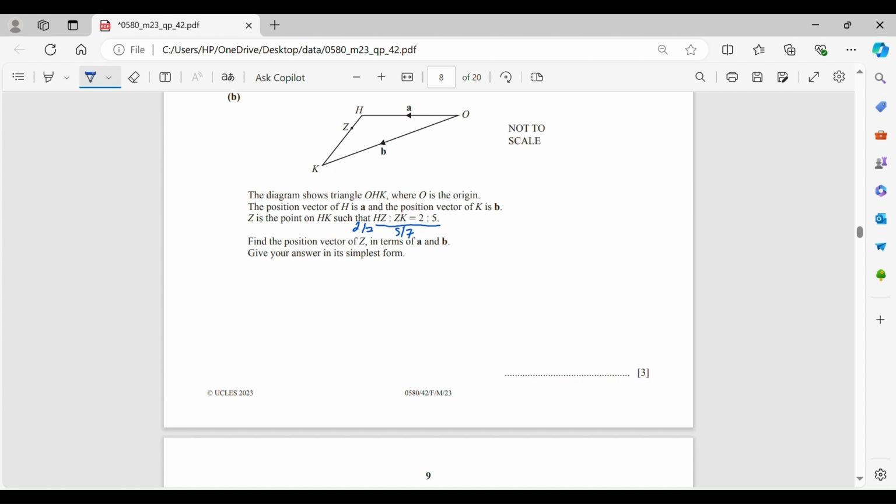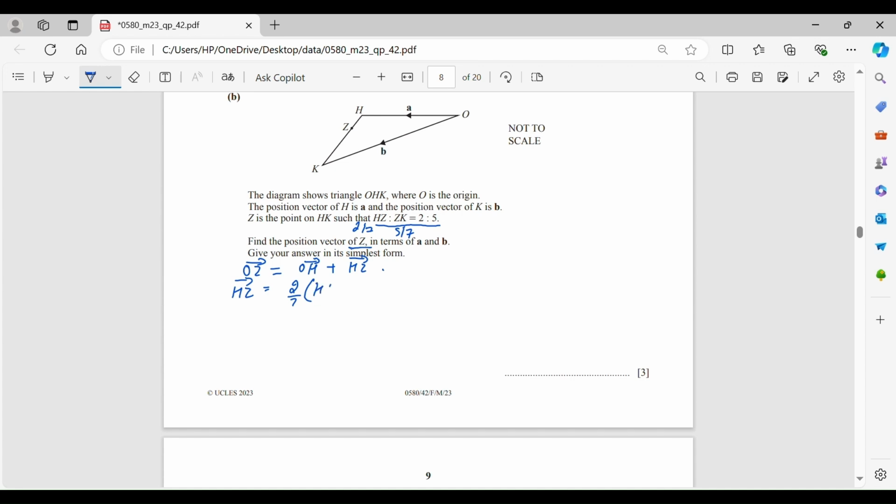And this is given, so we have to find the position vector of Z. That means we have to find OZ. Vector OZ will be equal to vector OH plus vector HZ. Now vector HZ will be equal to 2/7 of vector HK.